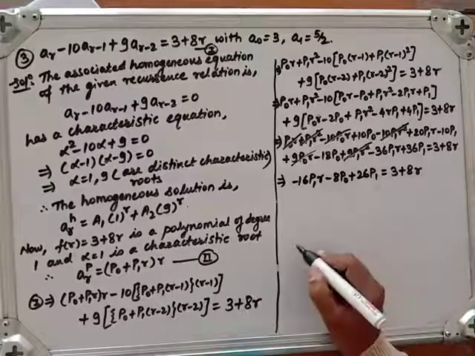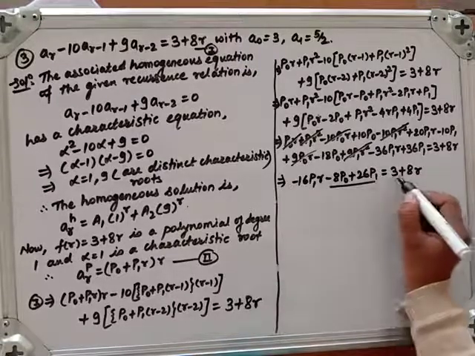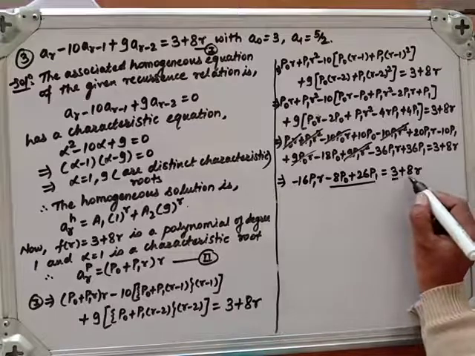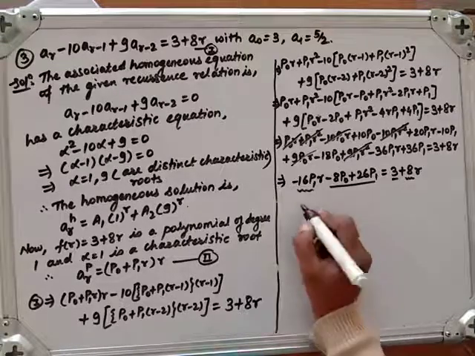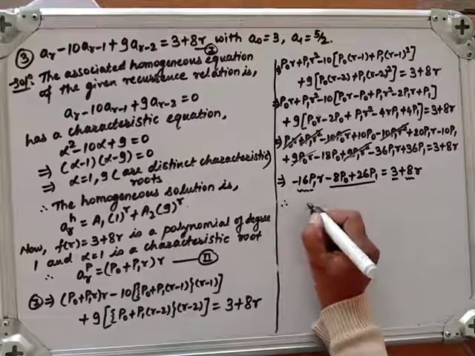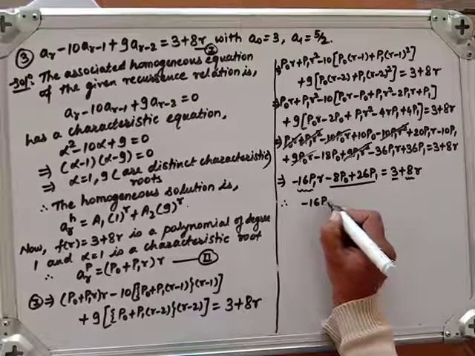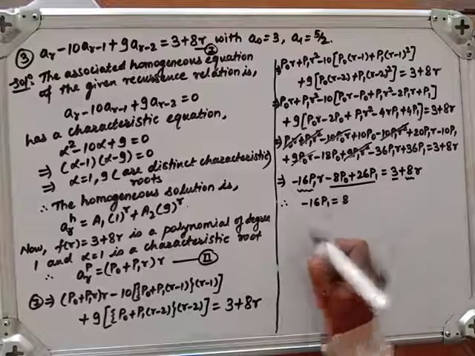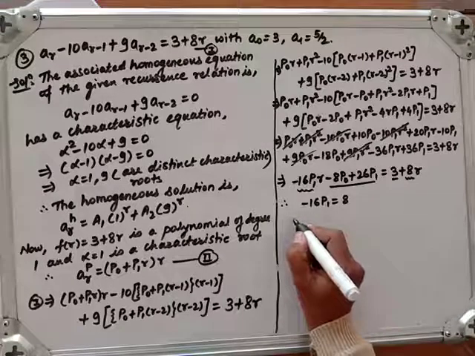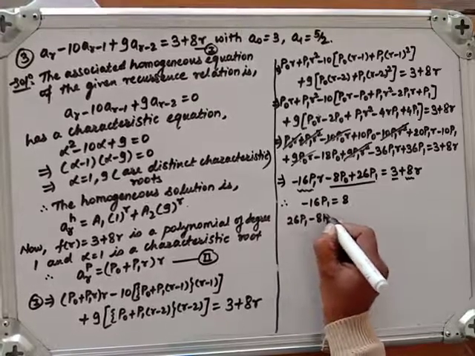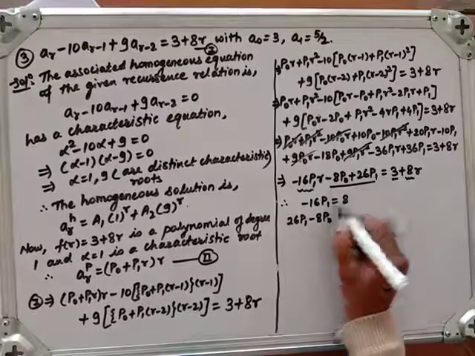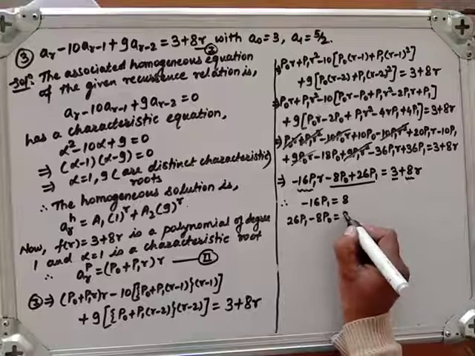Now if you compare both sides, the constant is equal to 3 and the 8 is equal to minus 16 P1. Therefore we get minus 16 P1 is equal to 8, and 26 P1 minus 8 P0 is equal to 3.